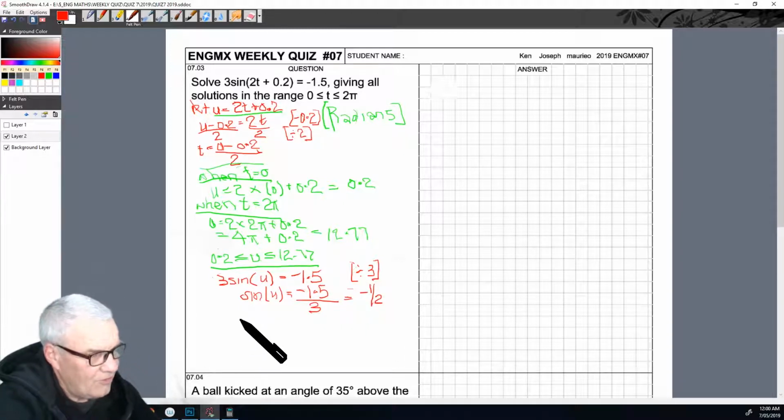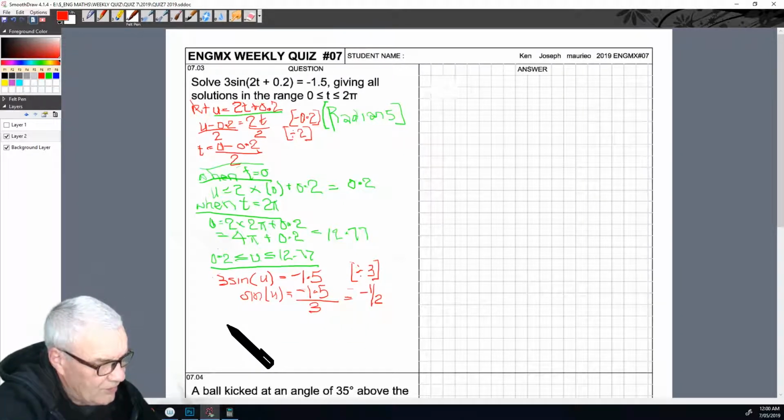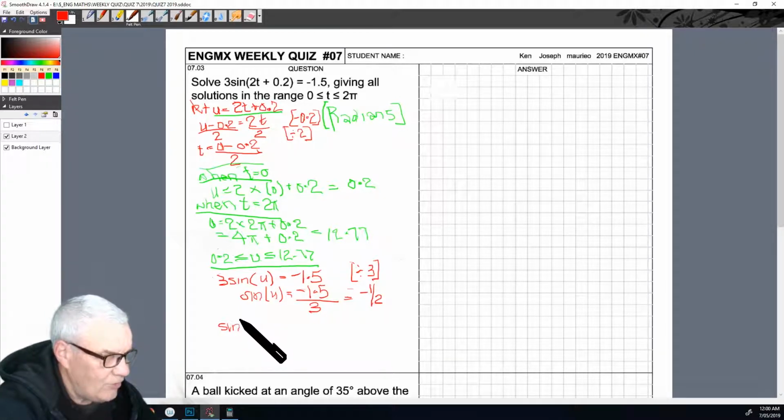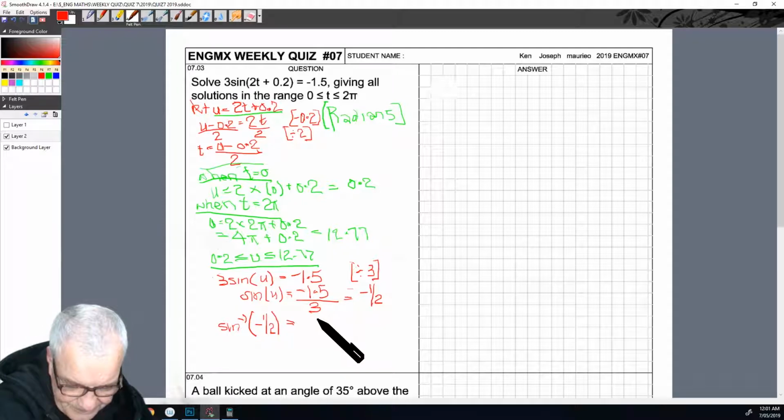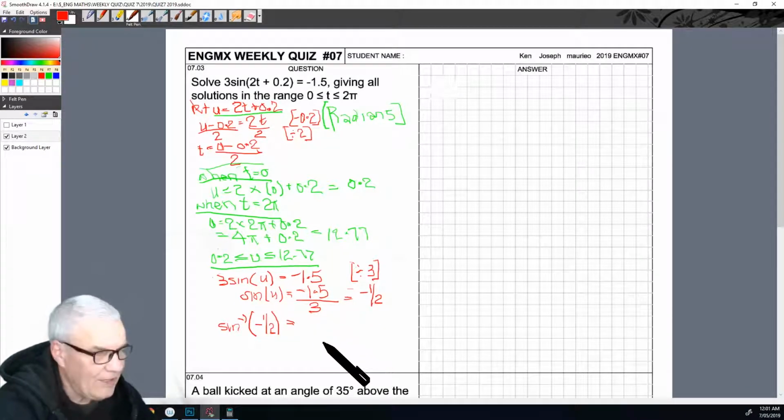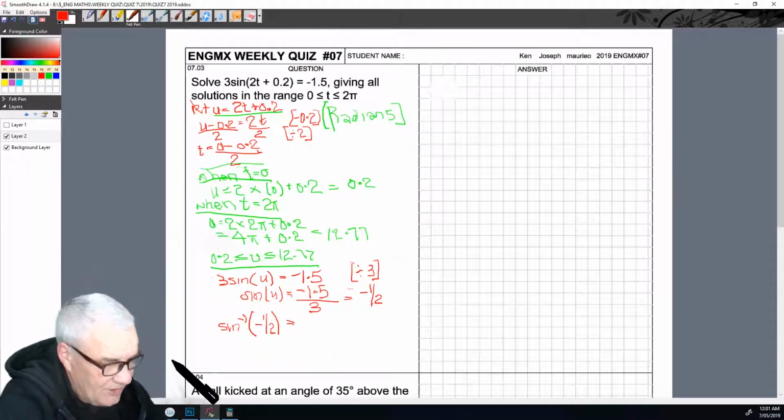And just to finish this off, we can then say, we can use our inverse sine. Sine to the negative 1, negative 1/2 equals, and we can go up to our calculator now.